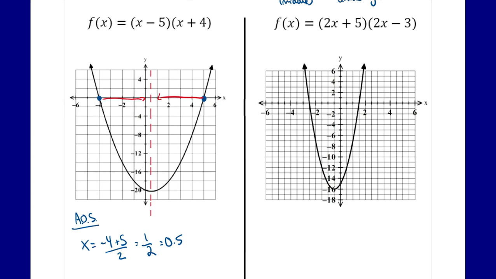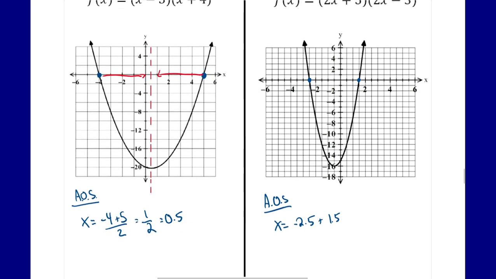So the same thing is going to apply for the next one. Again, we could find our x-intercepts. We could go through and look. We did mention in the previous one we had 1.5 and negative 2.5. So again, our axis of symmetry, our x value is going to be negative 2.5 plus 1.5. And we're going to divide that by 2.